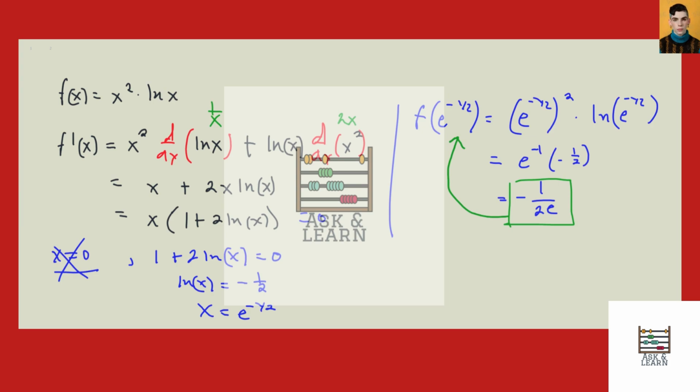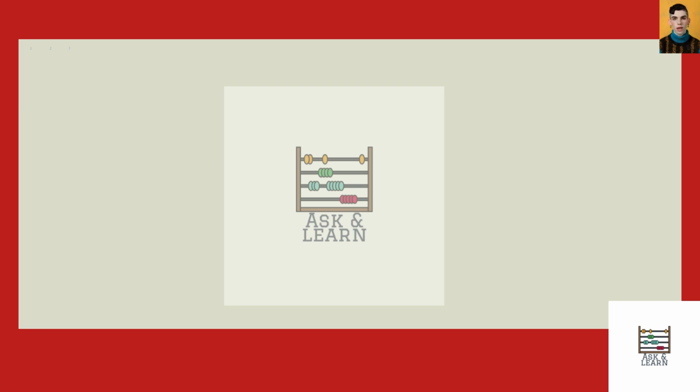Next, let's find our concavity intervals. So for f double prime, let's first write f prime again. f prime of x was equal to x times 2 natural log of x plus 1.